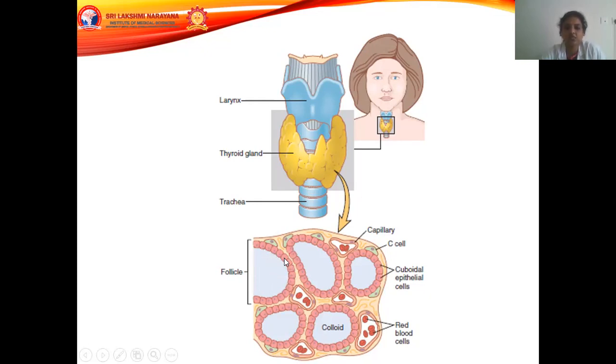The cells lining the follicle are usually cuboidal epithelial cells, and the material inside the follicle is called the colloid. The thyroid gland histology also shows the capillaries, the C cells, and also the red blood cells in cut section.